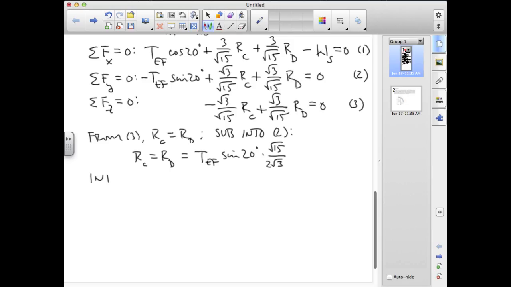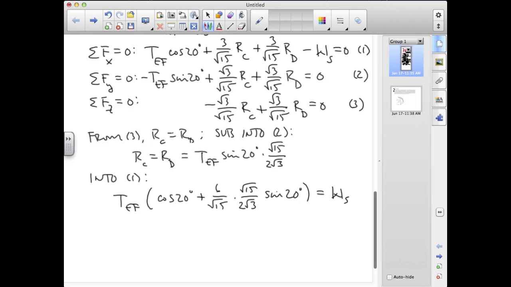We'll then take this result and put it into the first equation, which we can write as TEF times the quantity cosine 20 degrees plus 6 over root 15 times root 15 over 2 root 3 sine 20 degrees equals the weight of the sphere.